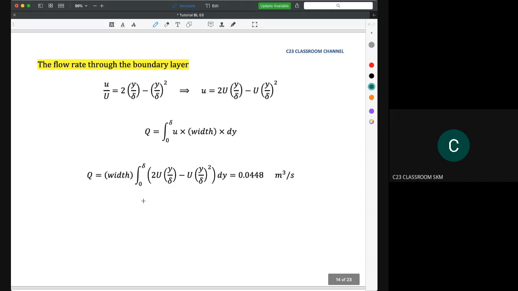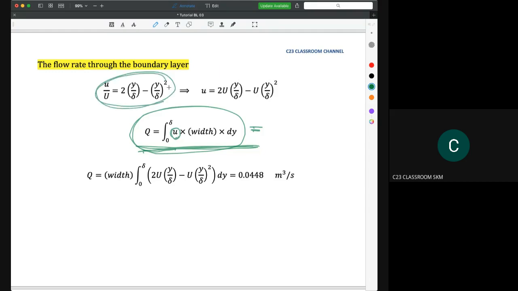And then we go for the flow rate. Okay, the flow rate here, again, we are using this equation. Previously, this equation is equal to another equation which has f prime and eta. Because we don't have the table, now we need to solve this equation by substituting the value of u here with the velocity profile that we have.